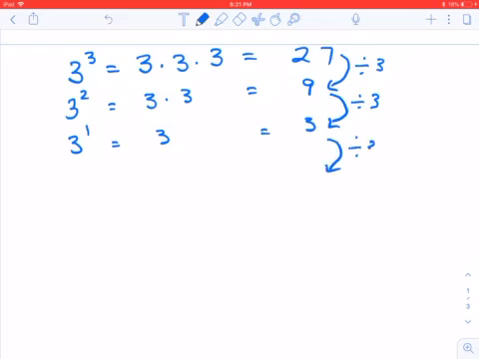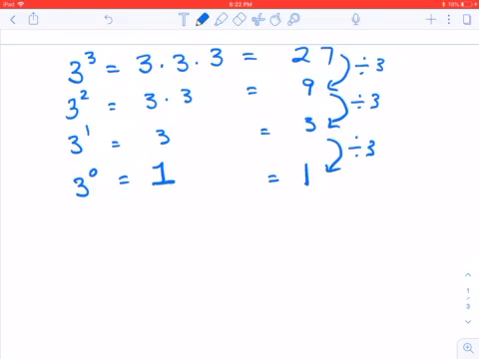Let's divide by 3. So the value of the next thing that we'd have in this pattern is going to be 3 divided by 3, which is 1. So the next thing that's going to be here, we're going 3 to the third, 3 to the second, 3 to the first. It's going to be 3 to the 0 power. Well, 3 to the 0 power is the same as 1. I think you already learned that.